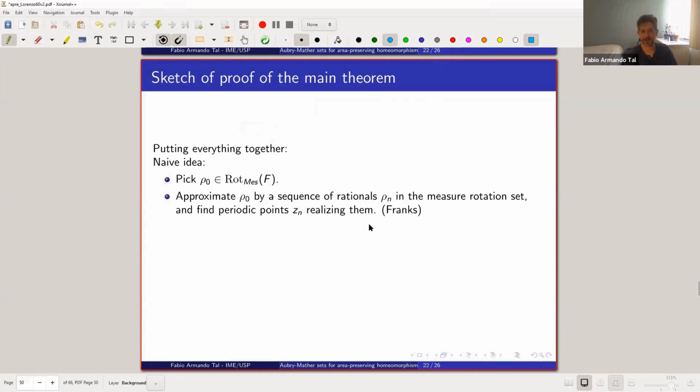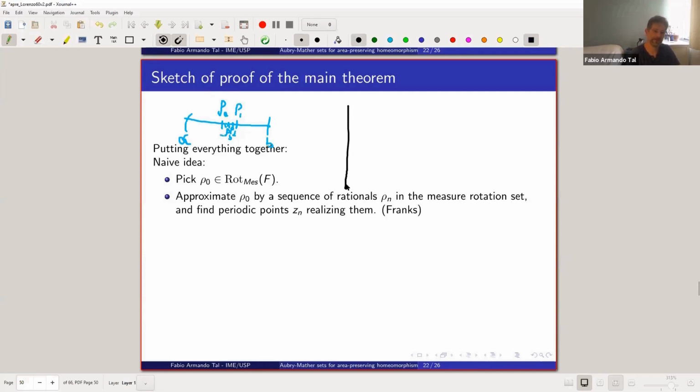And for every rational, I can find a periodic point realizing this rational rotation number in the rotation set. So I have here A, B, rho 0, and I find here a sequence rho 1, rho 2, rho 3, which converges to rho 0.